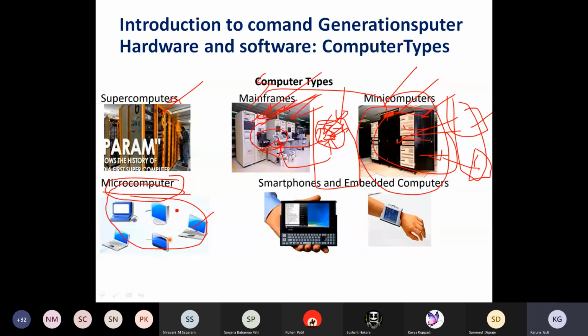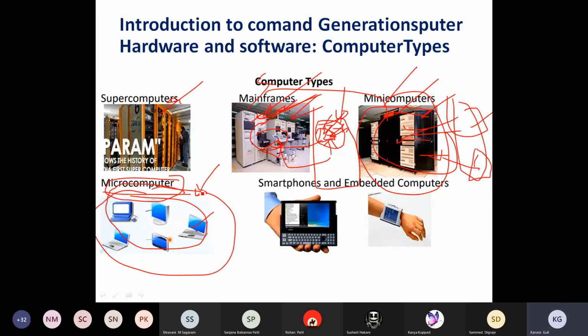So this is the meaning of a microcomputer, and these are the varieties of microcomputers. These are very cheap devices available nowadays, at an affordable price, starting from 15,000.